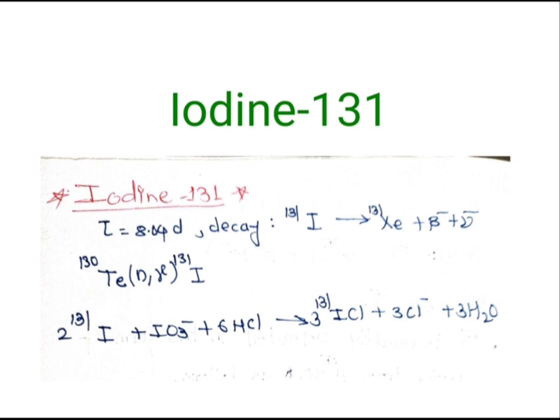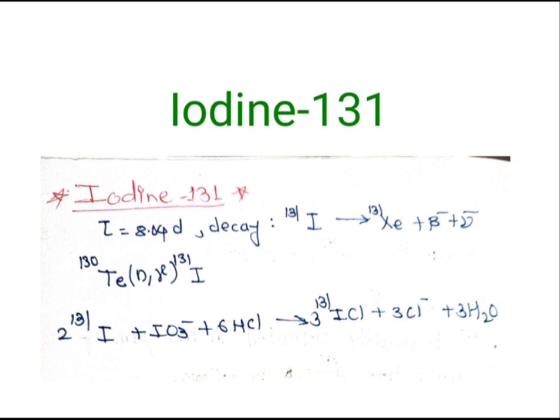Again, this iodine 131 will be produced from Te130. When it undergoes an n,gamma reaction, there is a formation of iodine 131.